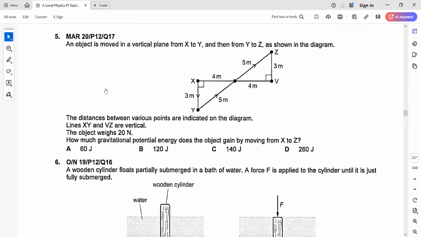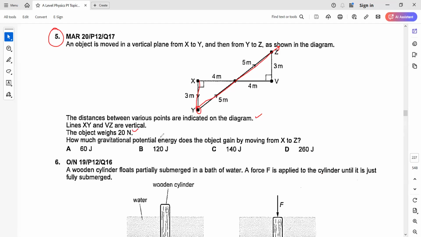Let's try this. An object is moved in a vertical plane from X to Y and then Y to Z. Okay, there is an object here. This starts here and goes like this. The distances between the various points are indicated. The object weighs 20 Newton.